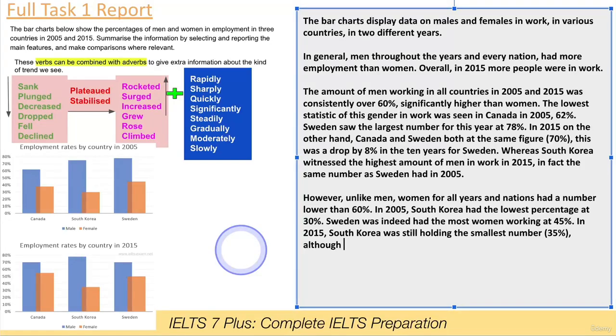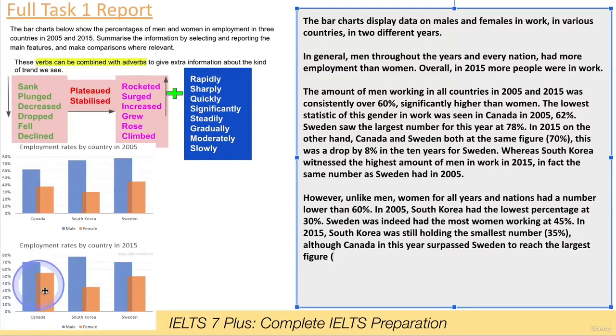Although Canada in this year surpassed Sweden to reach the largest figure. And let's do all Canada for women, 55%.